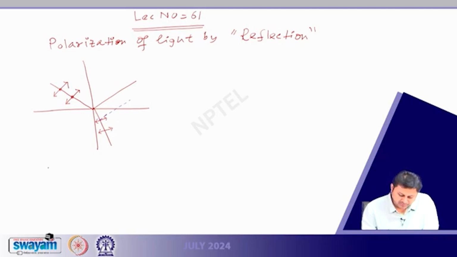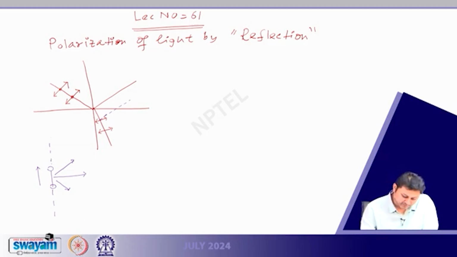These are the dipoles basically, and suppose it is vibrating in this direction. It will radiate along this direction, along this direction, along this direction, but the amplitude will depend on theta.